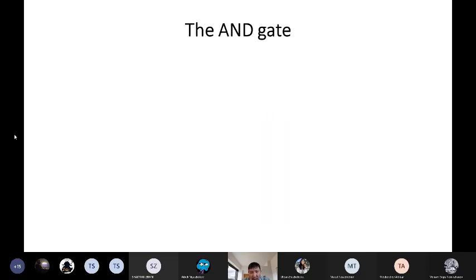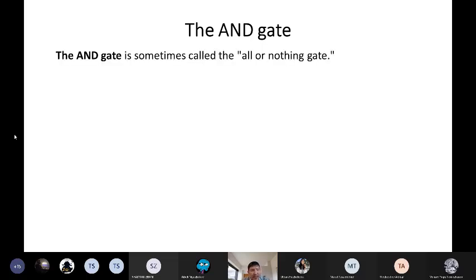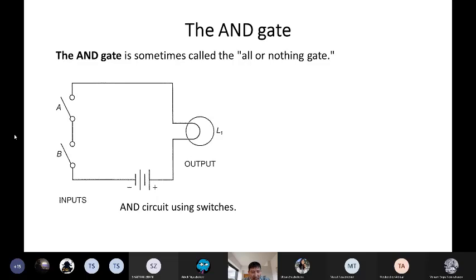So first we will start with the AND gate. What is the AND gate? The AND gate is sometimes called the all or nothing gate. Let's consider a simple circuit that performs this. It consists of a battery, a lamp, and two switches connected in series.